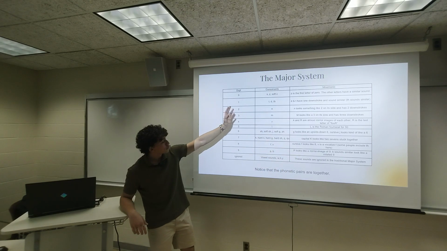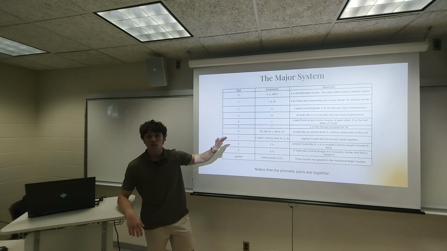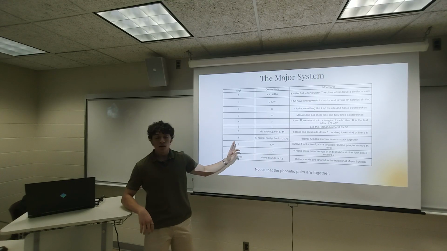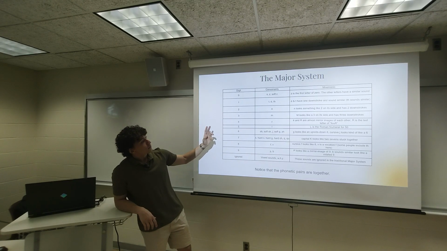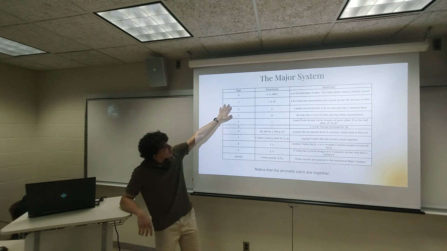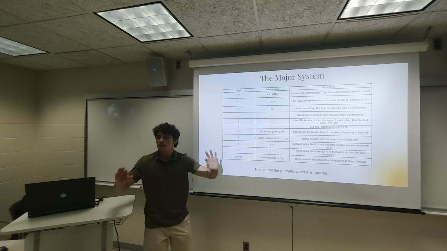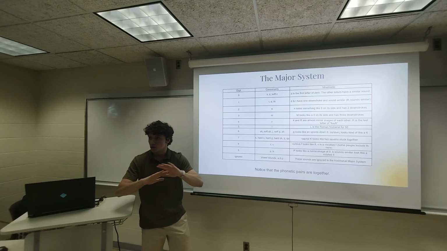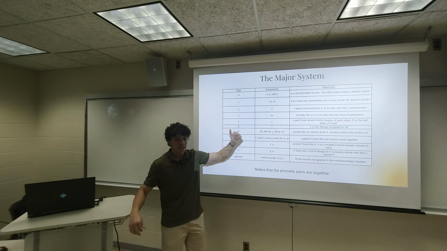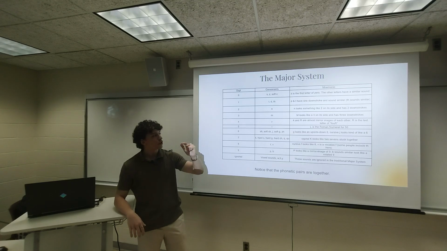The third column is just mnemonics for you to remember easily the relationship between digit and sound. So z, s, all represent 0. 1 is represented by t, the sound of t, d, or th.